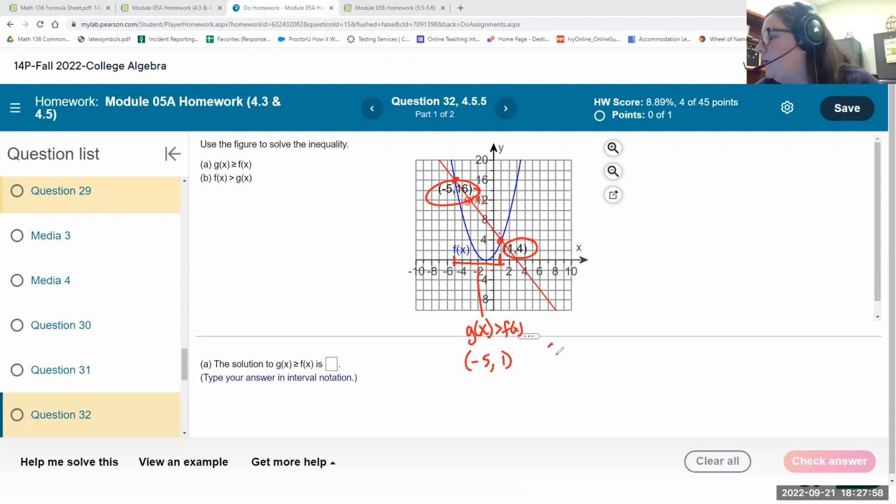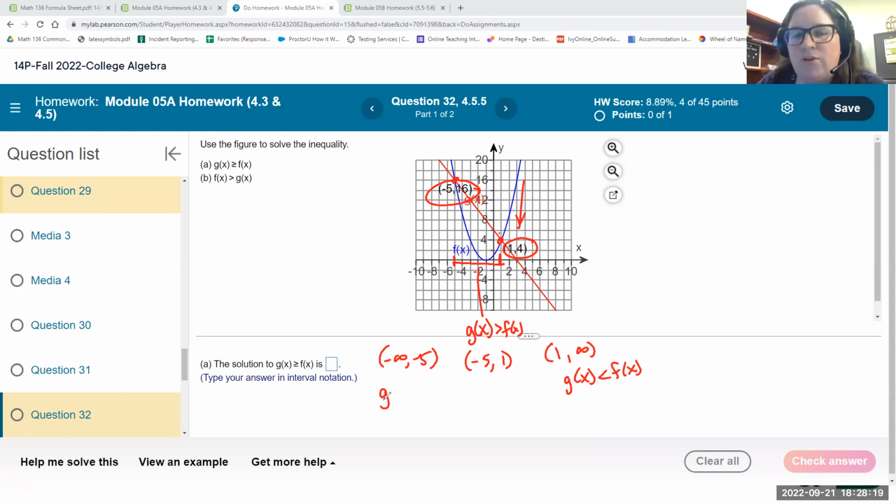Then from 1 to infinity, we have the line below the parabola. So g of x is less than f of x. And also on the other end, from -infinity to -5, the line is going to be below the parabola because there's nowhere else that they're going to cross. The parabola isn't going to turn back and cross the line again.